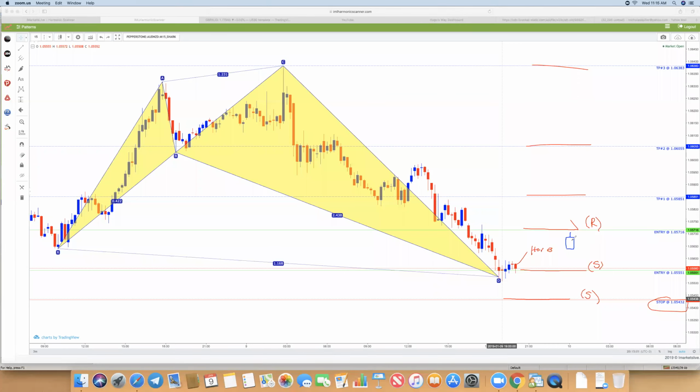What happens if you enter the trade right on the level of resistance? What do you think is going to happen if you enter a buy right here on this level of resistance? Someone talk to me.